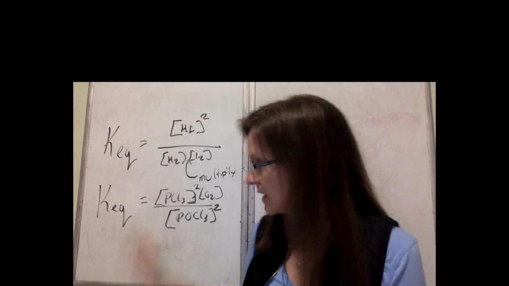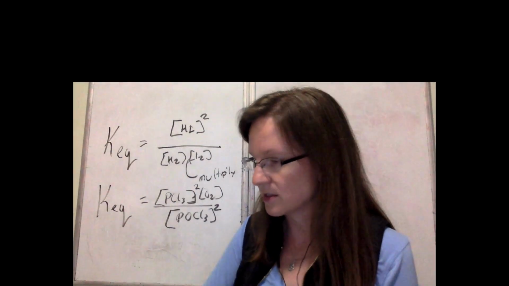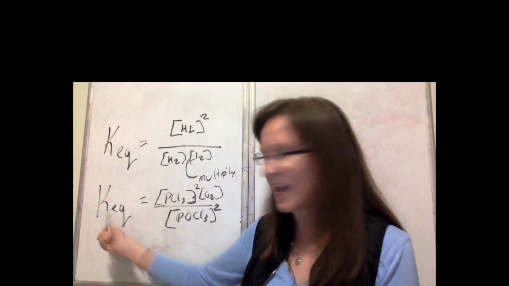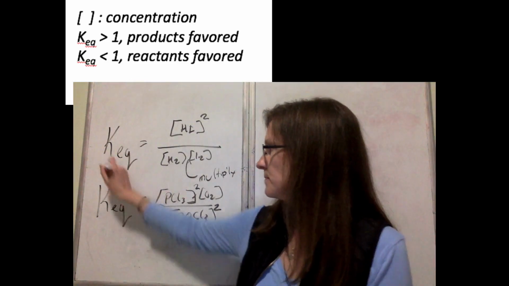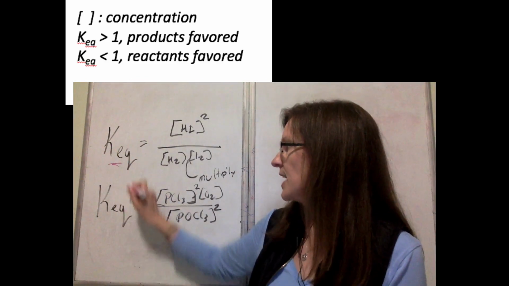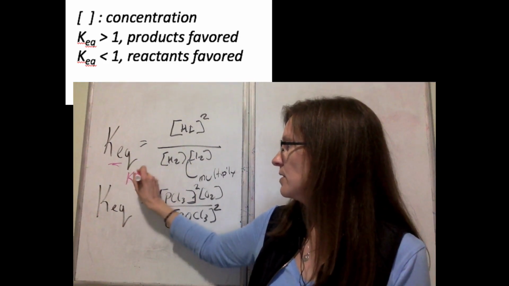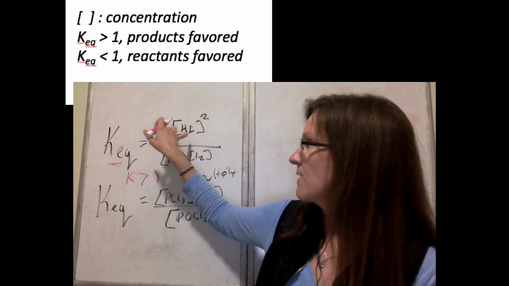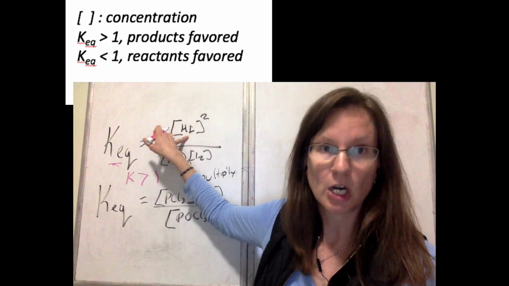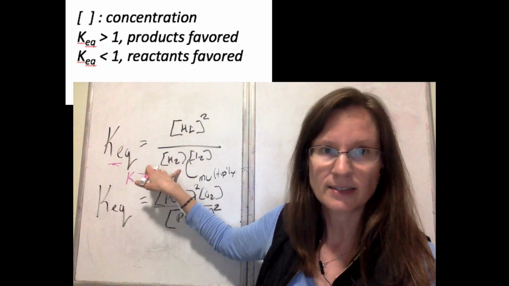The one thing we can think about mathematically right now is the ratio and what K can tell us. If we had a situation where K was greater than 1, the only way to get a K greater than 1 is to have the product be bigger than the reactants.